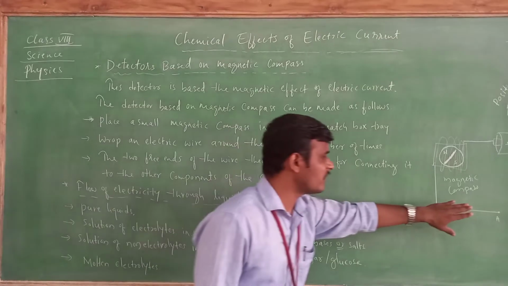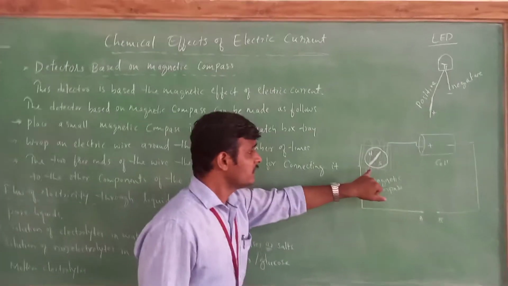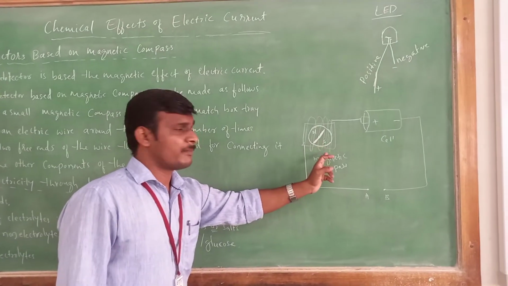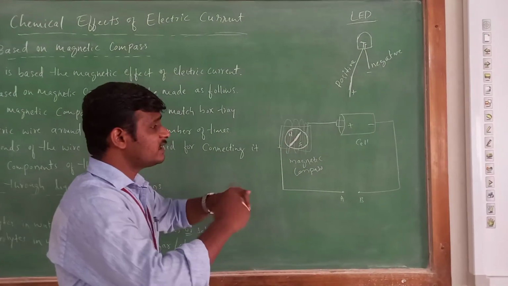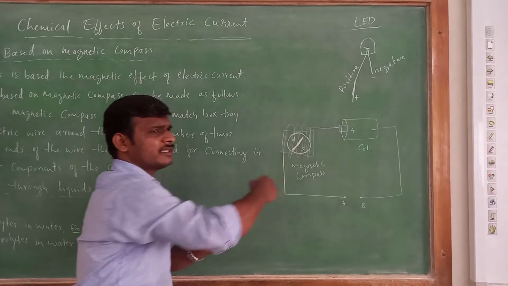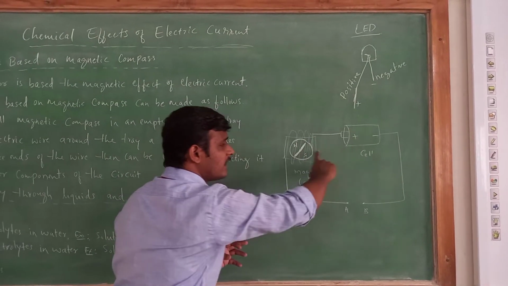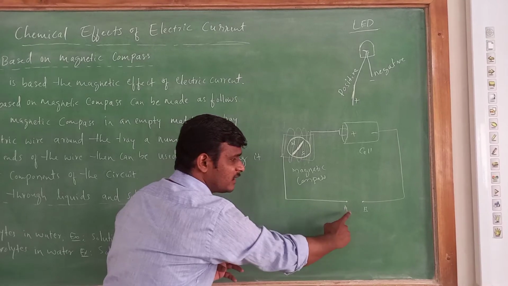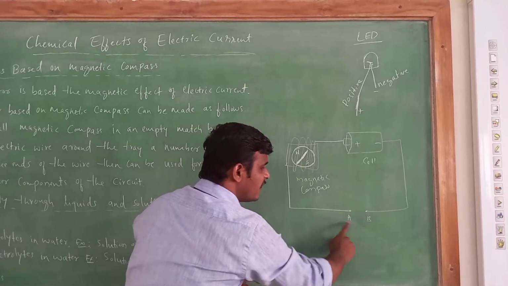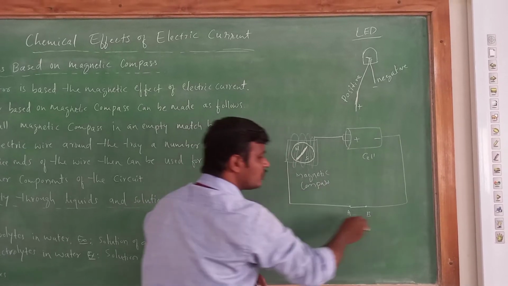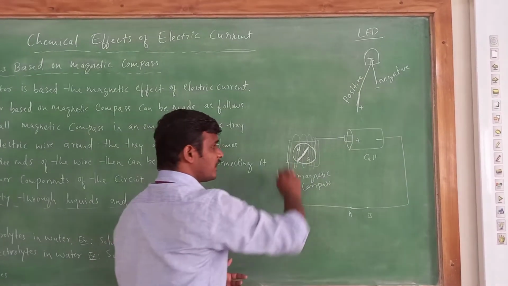See the diagram carefully. A magnetic compass is placed in a matchbox tray, wrapped with a copper wire. The wire is connected to a cell, and the other end is connected to two points, A and B. Place conductors there, and the current will flow through this circuit.